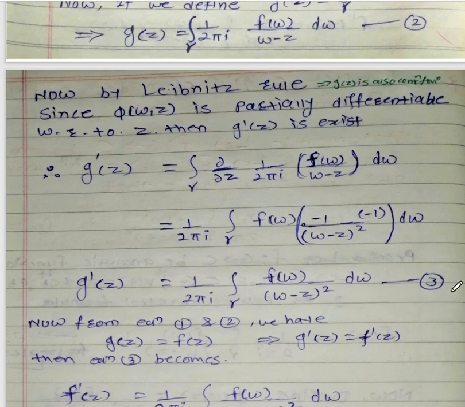So let us reconsider equation number 3. Now if you observe from equation number 1 and 2, we get g dash of z equal to f dash of z, or we can say that g of z equal to f of z from equation number 1 and 2. What is equation number 1?